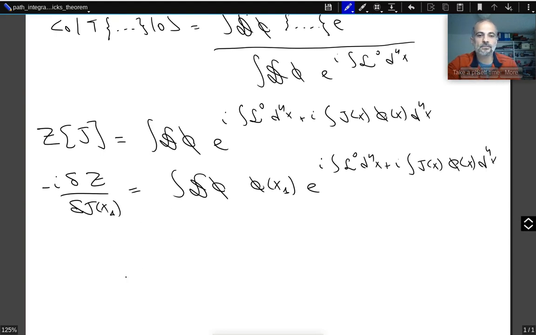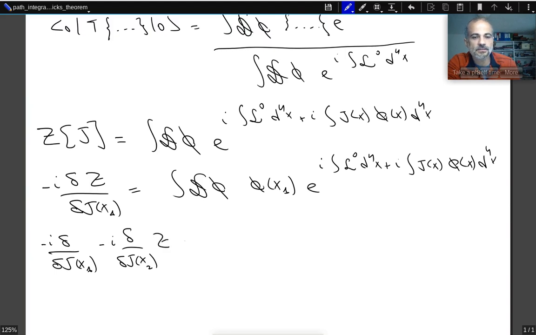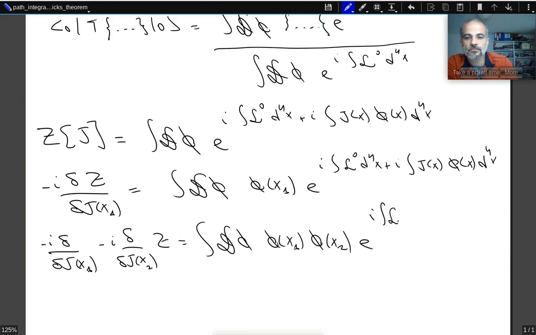And similarly, if I take further derivatives, let's say minus i functional derivative with respect to j of x1 times minus i functional derivative with respect to j of x2 of Z. Well, this time I will get two phi's, phi of x1, phi of x2, e to power i integral L0 d4x plus i integral j of x phi of x d4x.